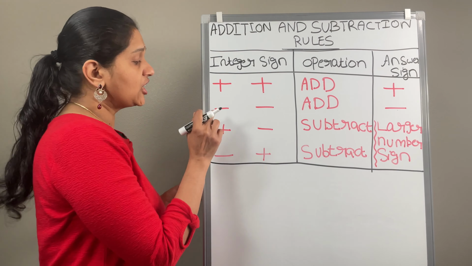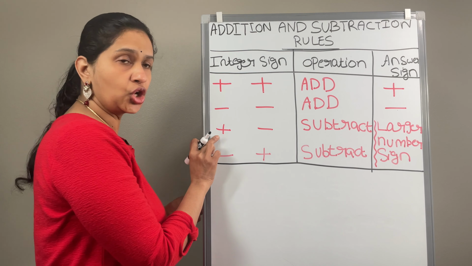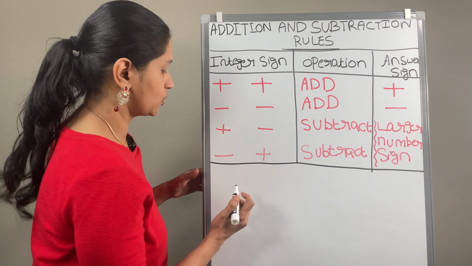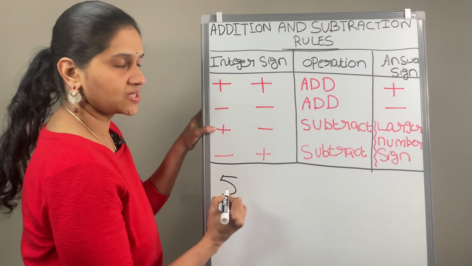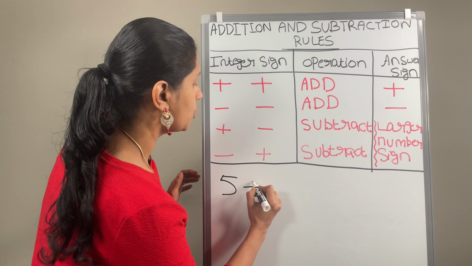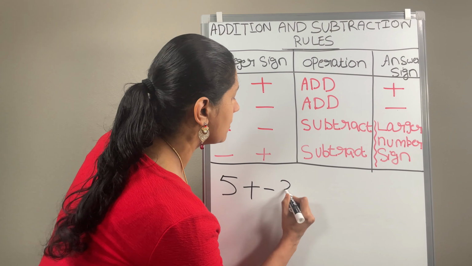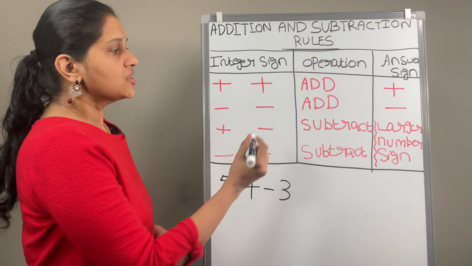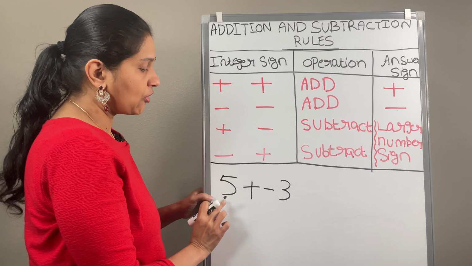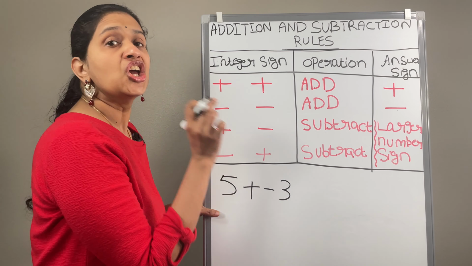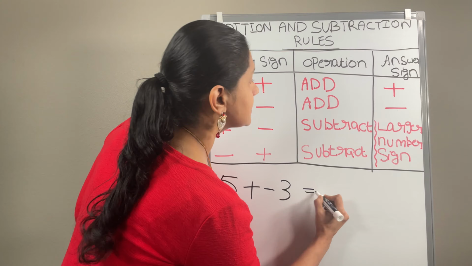Now consider when you have one integer positive and the other number is negative. Say 5 positive and you have a negative number, say minus 3. So now when you have 5 plus minus 3, you have to perform subtraction.